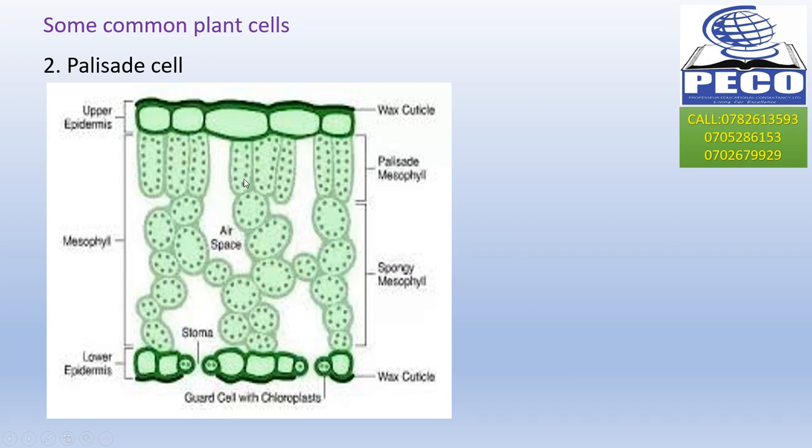You can see that they are elongated, and they are packed onto each other so as to increase the surface area for trapping sunlight. And you can see that they have these dot-like structures. These are not dots, these are the chloroplasts. Actually, they have very many chloroplasts, and that is for photosynthesis, trapping light for photosynthesis.